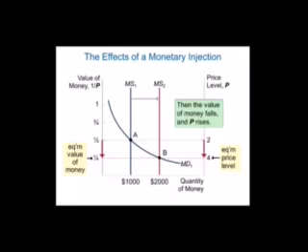So when that happens, prices go up, and of course the value of money will go down. So as we see, if money supply goes up, the value of money falls, and the general price level goes up.